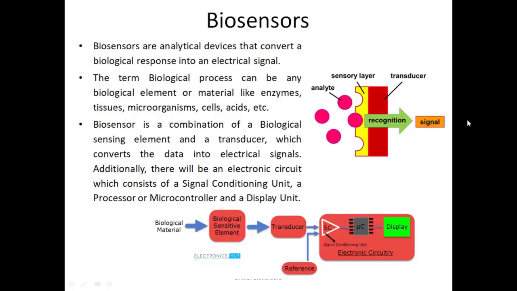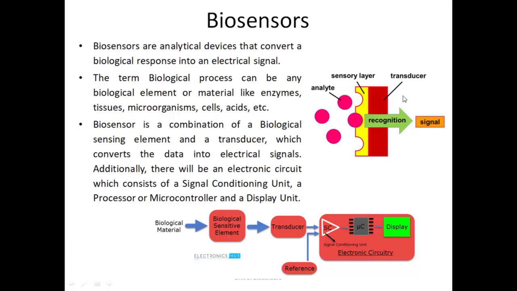Biological sensing element means that, for example, if it has some enzymes, the first thing that we need is something which can detect the production of that enzyme, and then we need a transducer which can actually detect that detection that has taken place. It should be converted into some electrical form. So a biological sensing element is attached with a transducer, and that can give you an electrical signal.